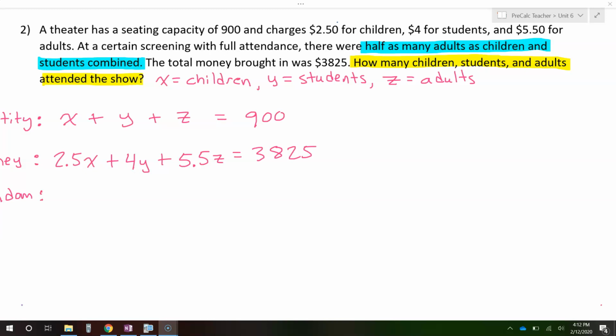Now this can be pretty tricky, so pay careful attention. Here's how I like to think about it. We are comparing two things, adults and children and students combined. Those are the two things that we are comparing. So on the one hand, we have adults, and on the other hand, we have children and students.